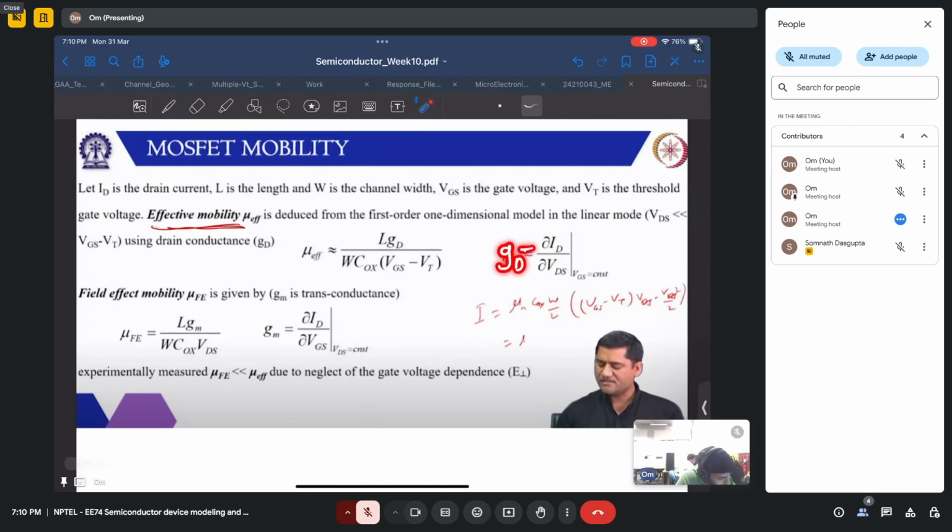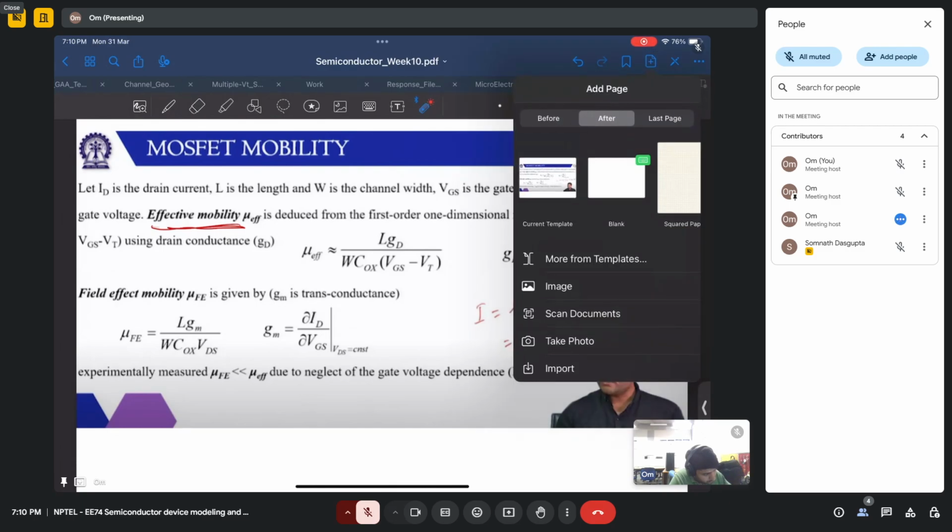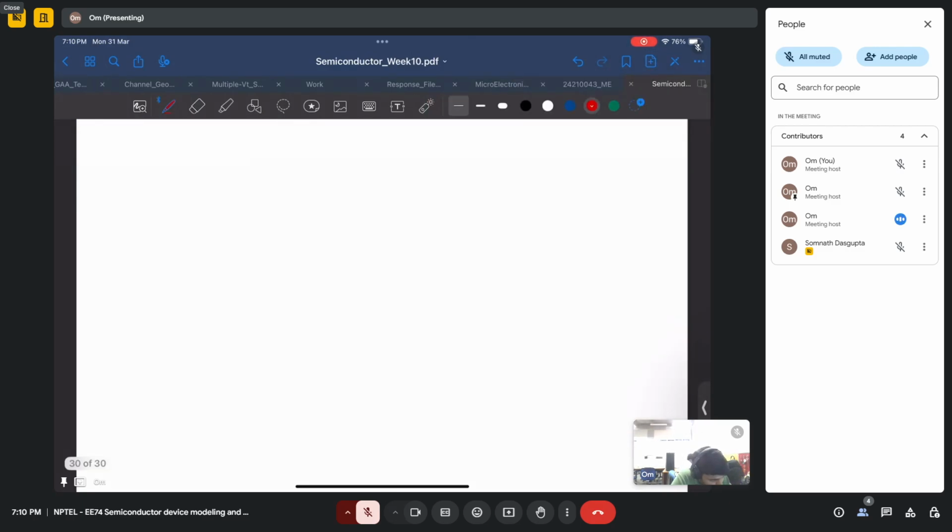GD is del ID by del VDS, and we take it in the linear region. That means ID linear is mu n C ox W by L into (VGS minus VT) VDS minus VDS square by 2.